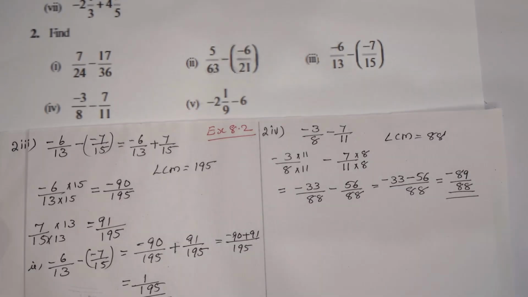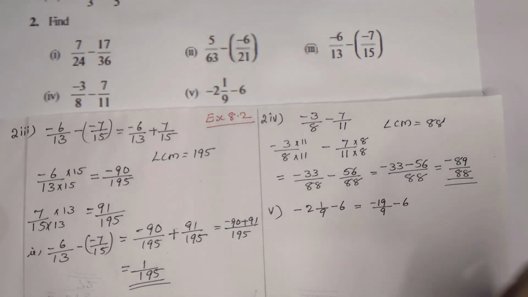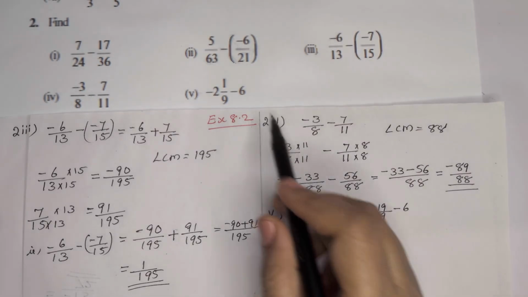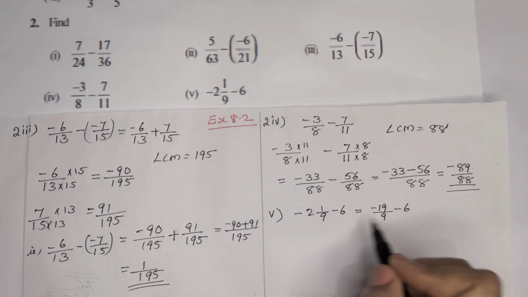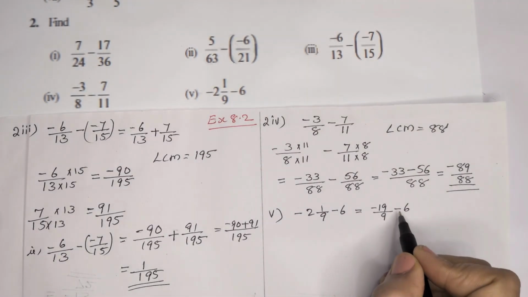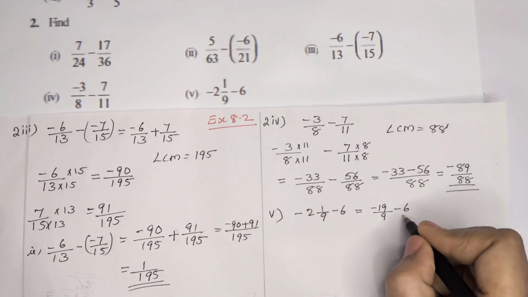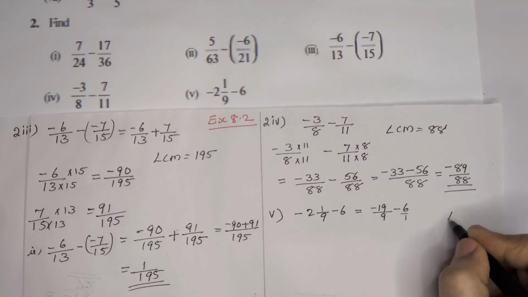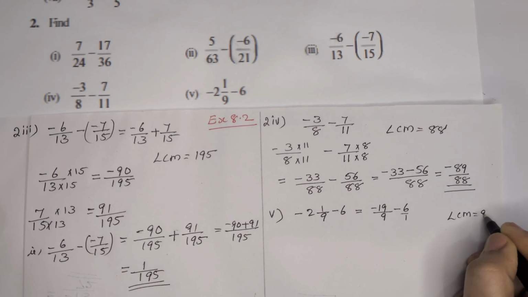Now fifth question. Minus 2 and 1 by 9 minus 6. 2 and 1 by 9 we can write as 19 by 9 and minus. Here LCM is 9. 6 we can write as 6 by 1. And LCM we are taking as 9.